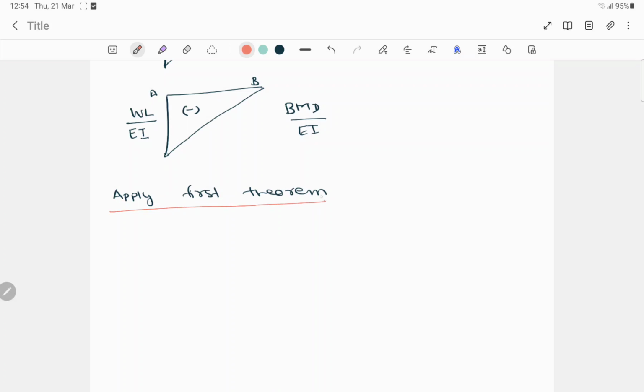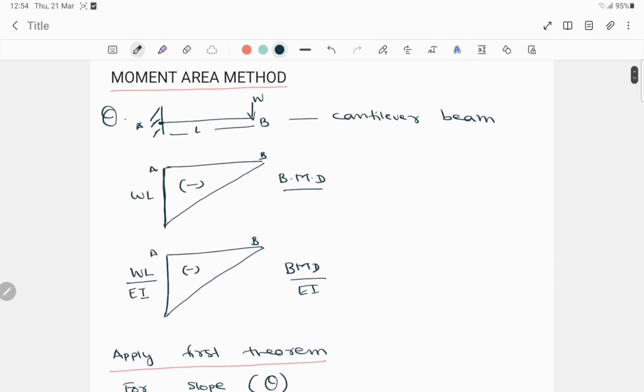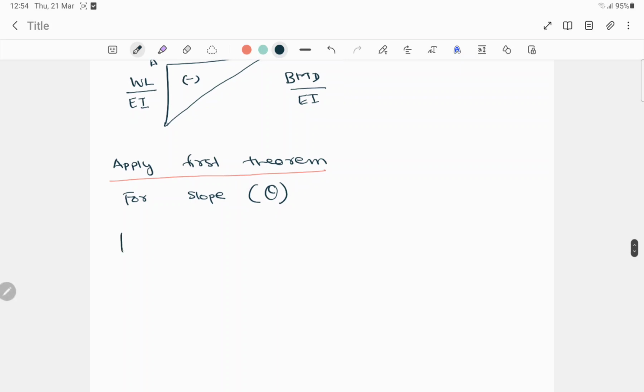In the first theorem we have to find the slope, and slope is denoted by the term theta. As I already told in my previous video also, at the fixed support the slope and deflection will always be 0.